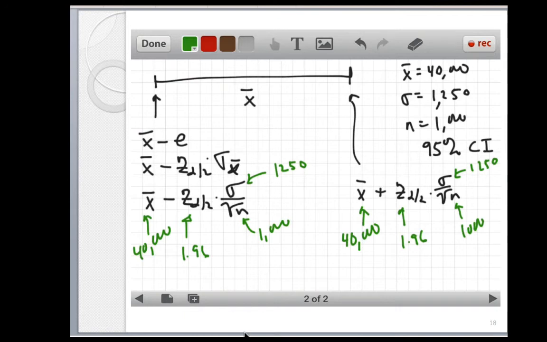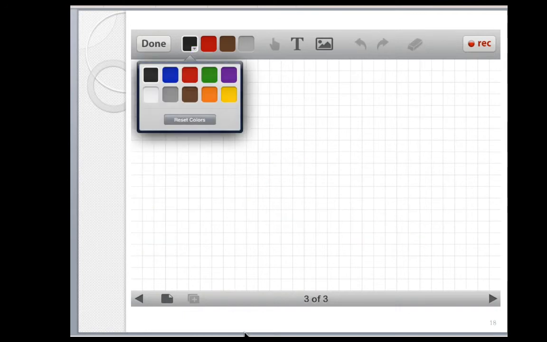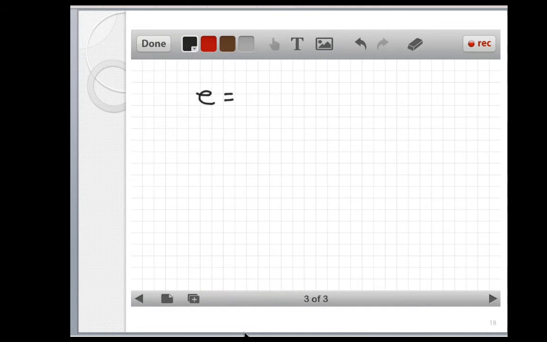All right, and so what we see here is that when we do that, the margin of error, again, is $77.48.